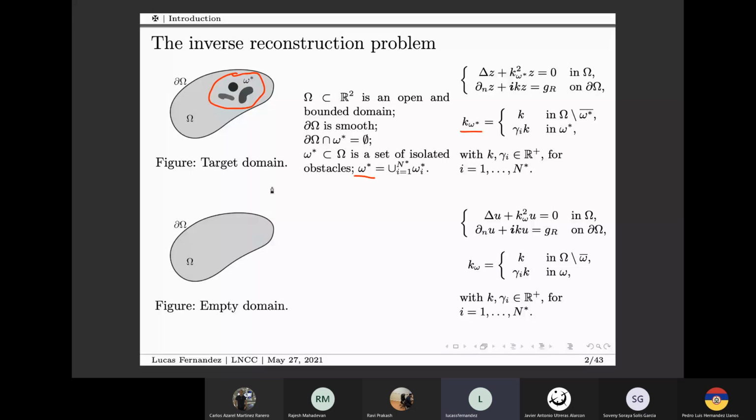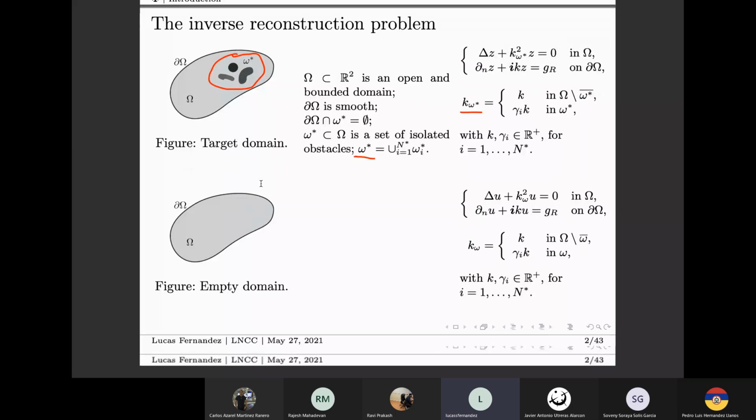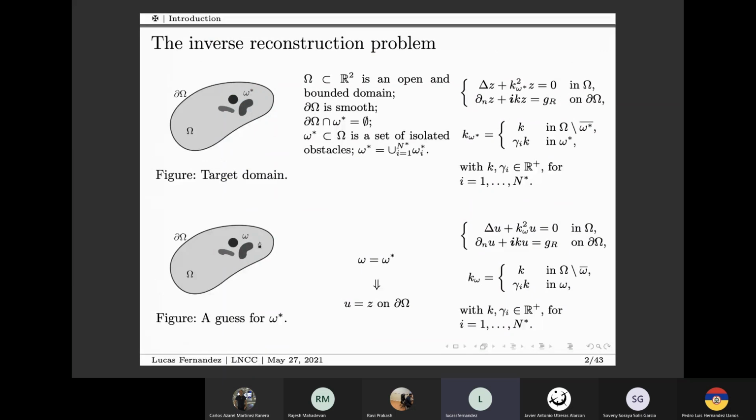So I have here the domain omega without obstacles, and a possible reconstruction to the set omega asterisk is this one. The exact reconstruction is when the set small omega from the reconstructed domain coincides with the set omega asterisk from the target domain. So now I have a new scalar field U associated with the reconstructed domain.